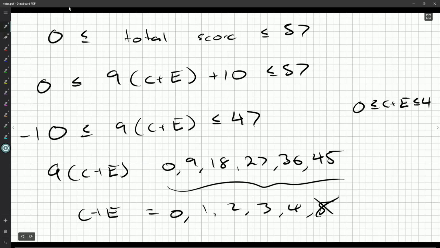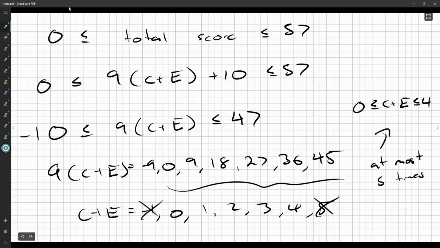Technically C plus E, according to the math, could be minus 9, but that's ridiculous. So C plus E is in this range, so at most 5 times, but we need to actually show that the maximum of 5 could be achieved, or if it can't, why at most 4 could be achieved.